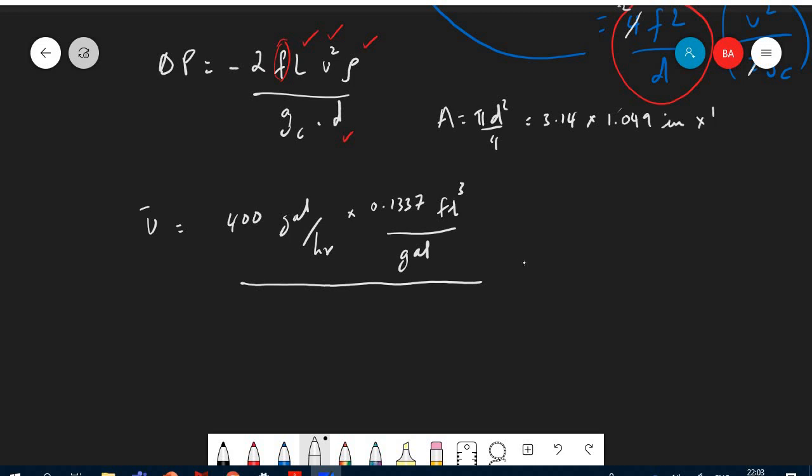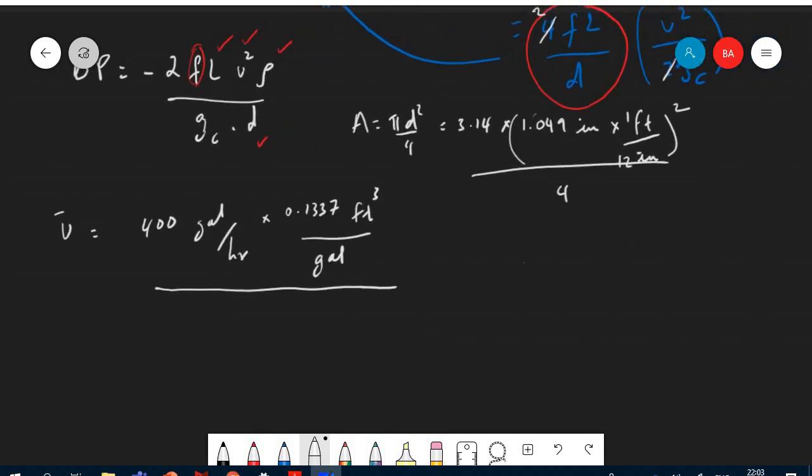And if you want this in feet, you divide by 12 inches. That is pi d square, and the diameter squared divided by 4. You're going to find that the area is equal to 6 times 10 to the power minus 3 feet square.